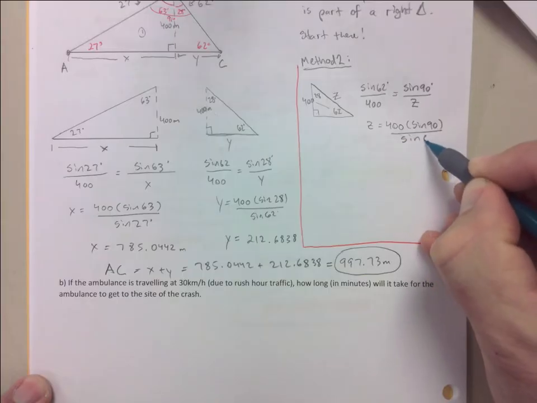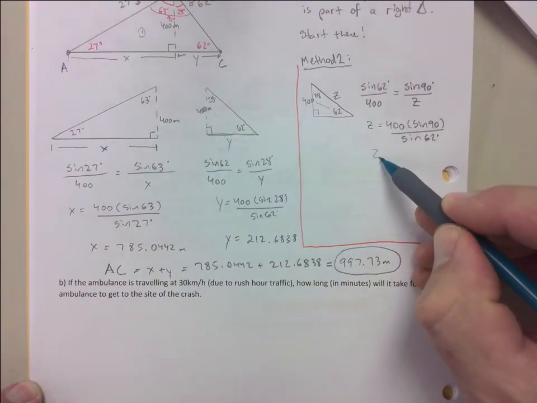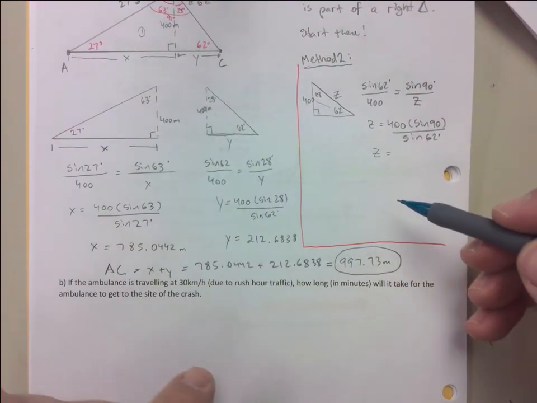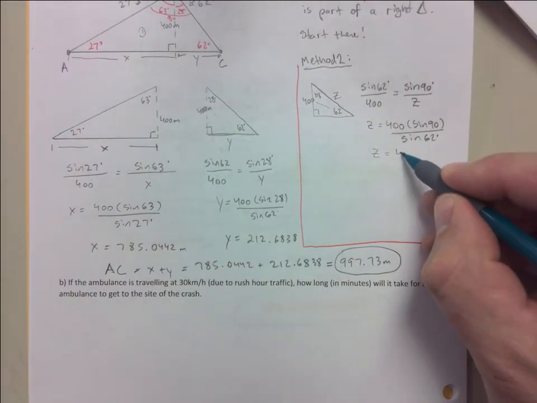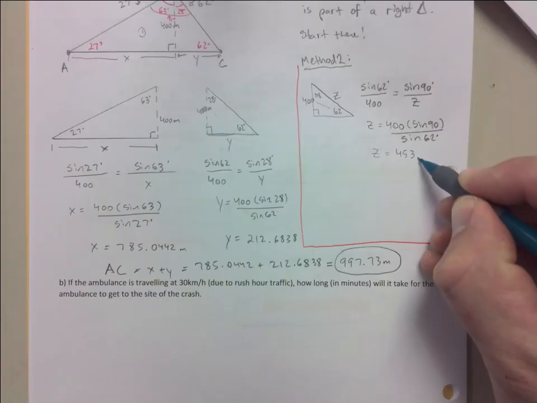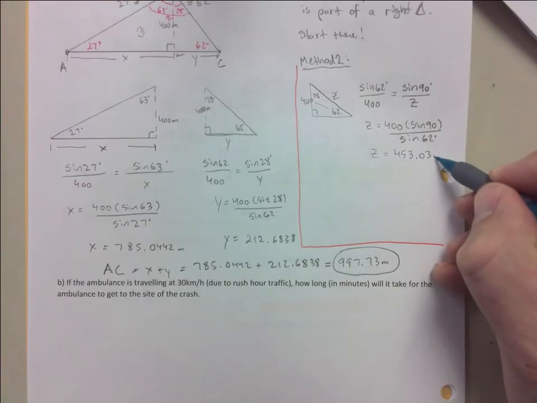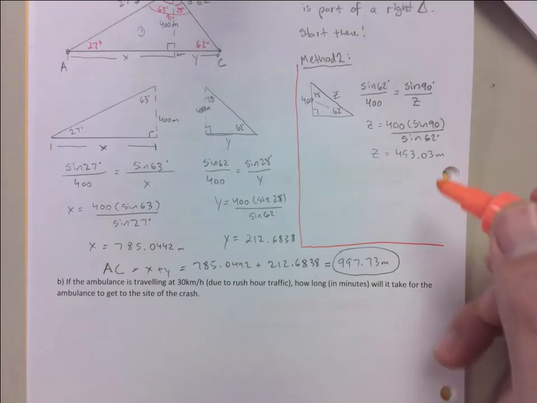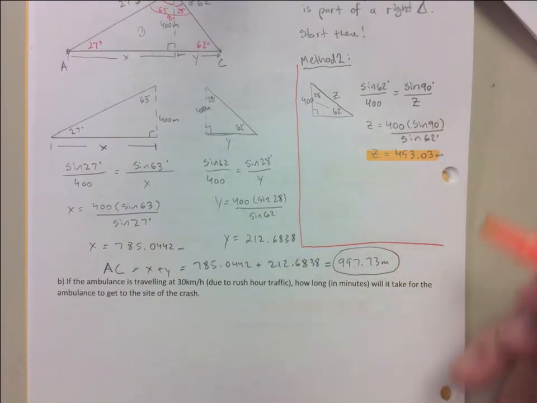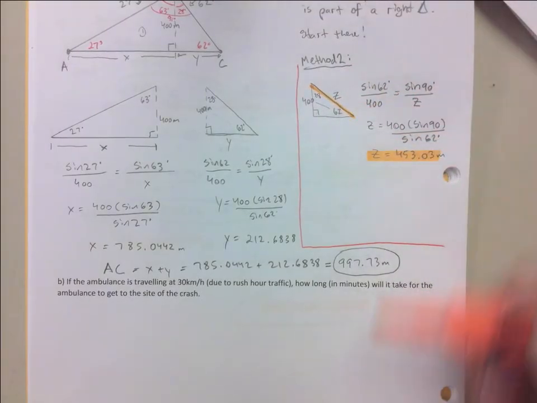If I use 90, I can solve for side Z, which is a slant. You cross multiply and divide. And that gives you 453.03 meters. If you're highlighting, I'm going to show you that what you just solved for there is this side.